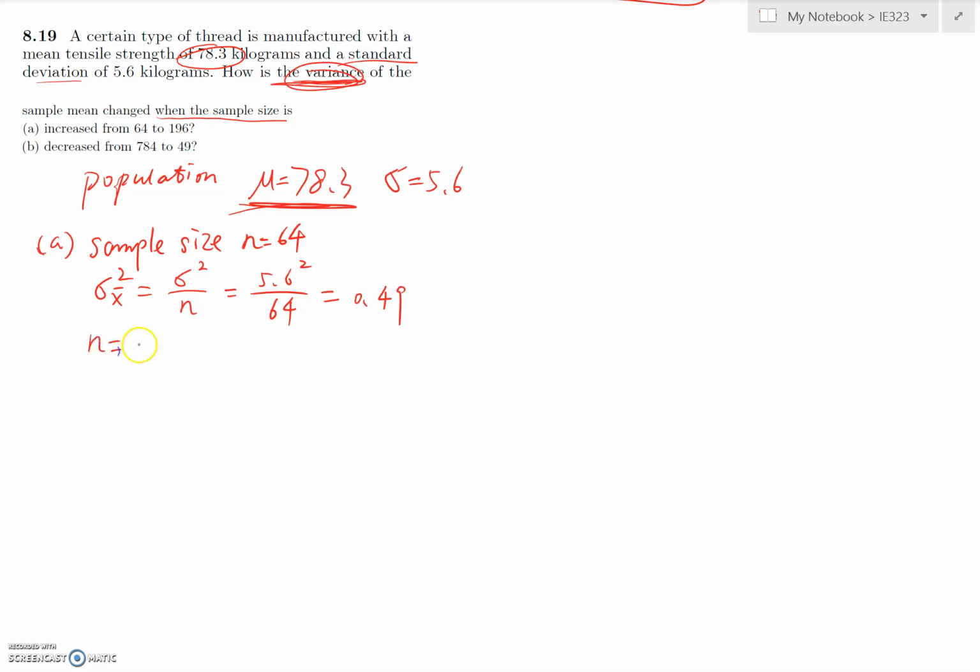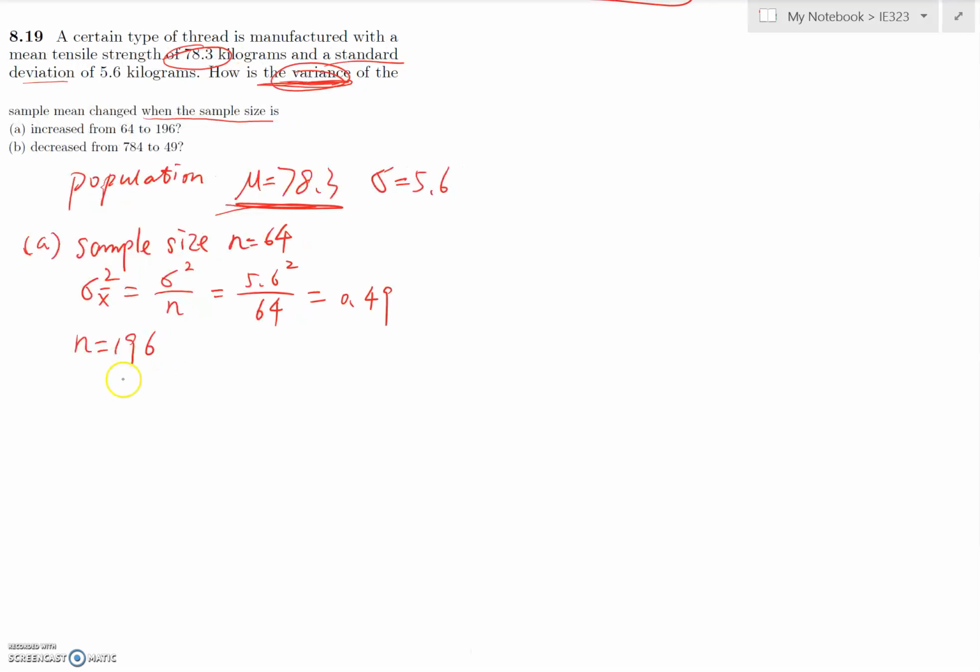So when n equals 196, sigma x bar squared equals sigma squared divided by n, that is 5.6 squared divided by 196, which equals 0.16.